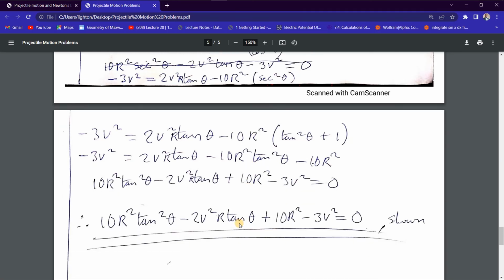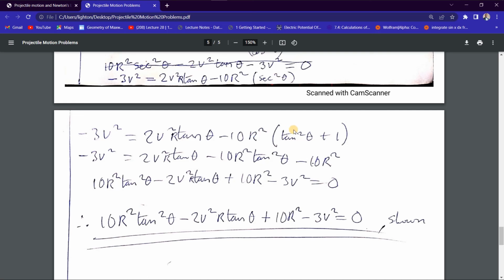Now, this part, which is just sec squared theta, is also an identity, which is equal to tan squared theta plus 1. Okay, so sec squared theta becomes tan squared theta plus 1. And this part is just being repeated. The only thing that is happening is that we're multiplying this minus 10R squared by tan squared theta, you get this.